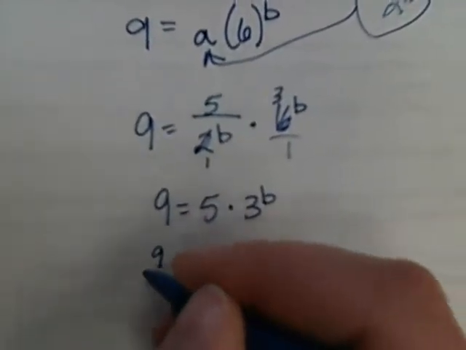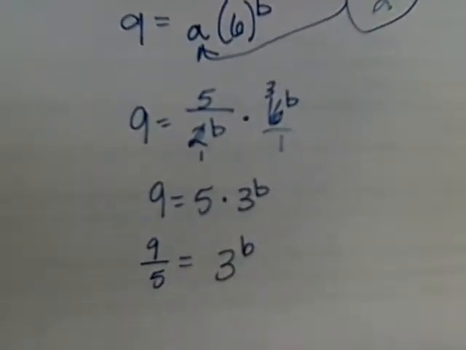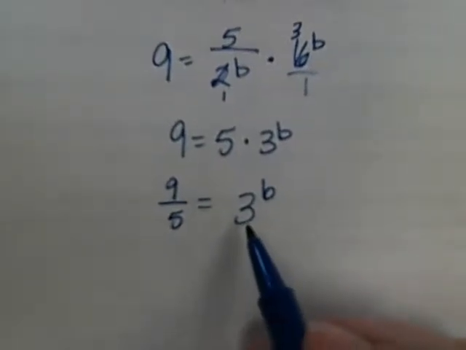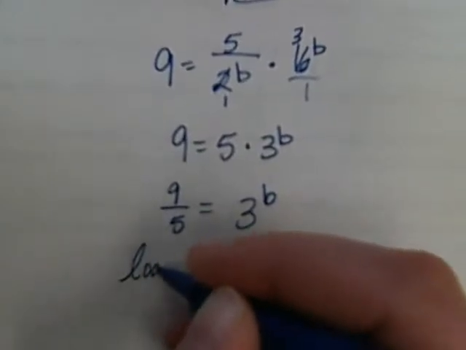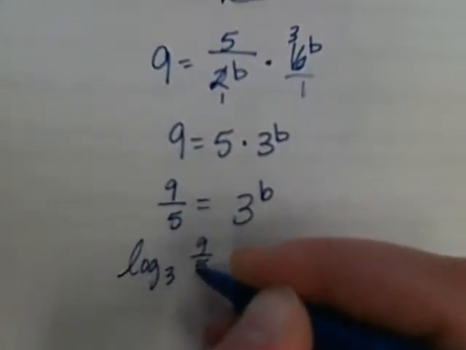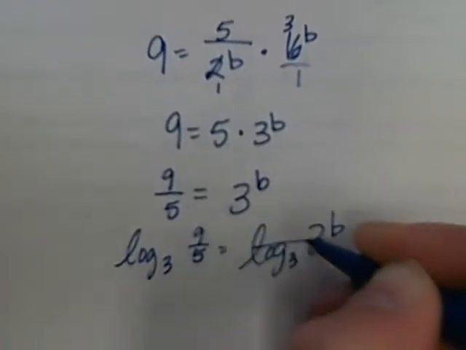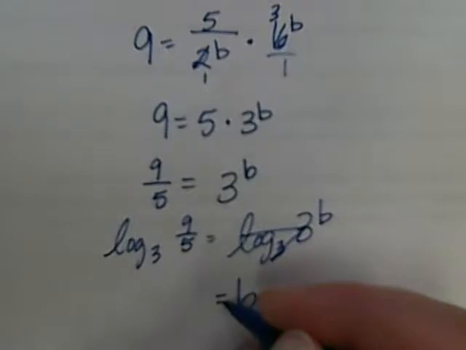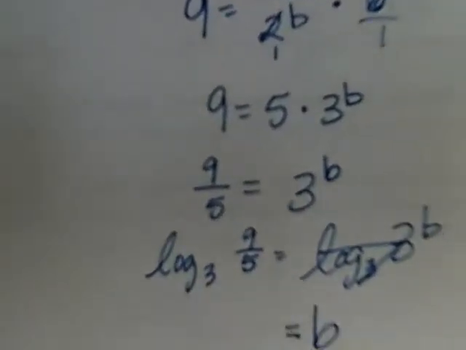So I'm going to divide by 5. And I have to get rid of this base 3. That means I need to take the log of both sides, log base 3. So I'll have log base 3 of 9/5 and log base 3 of 3 to the b. That cancels and leaves me with b equals, I can't do this in my calculator, so I have to use change of base.